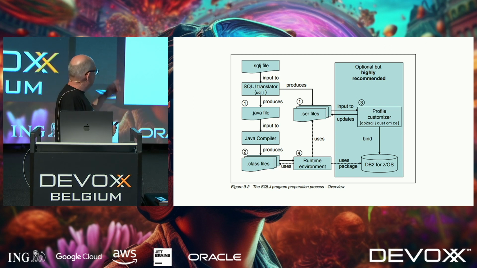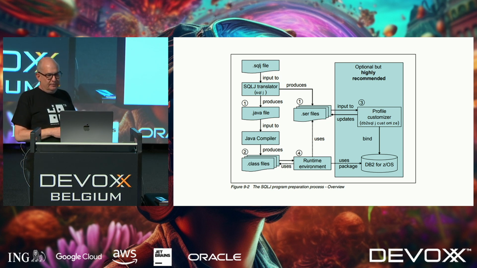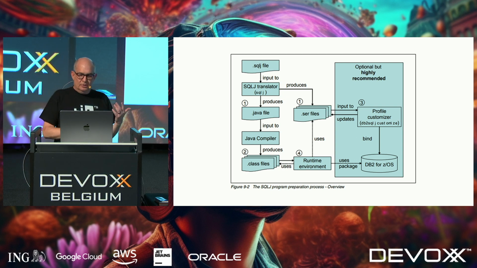And then you had this, here it's called SQL translator, that produces a Java file. And later on, it will compile to a class file and you will execute it. Here, this picture is from DB2 from IBM. And DB2, I think it's still the same, also generates an execution plan already for your SQL statements during compile time.